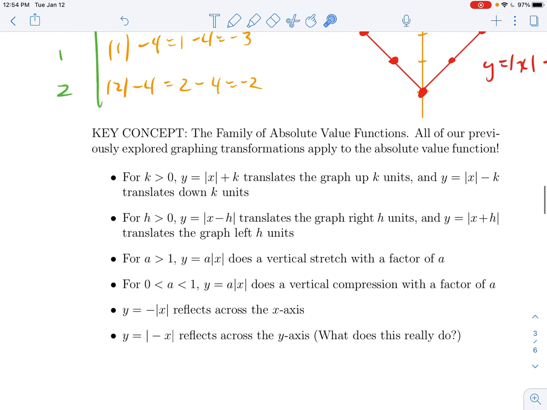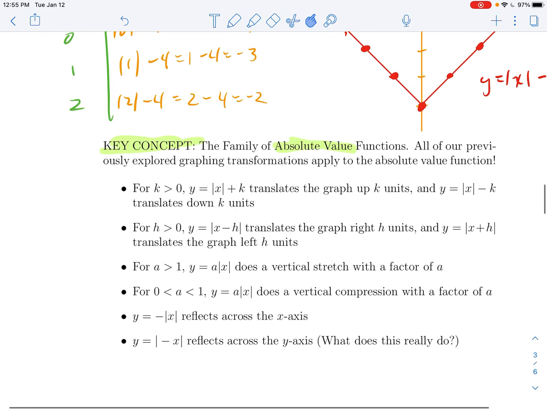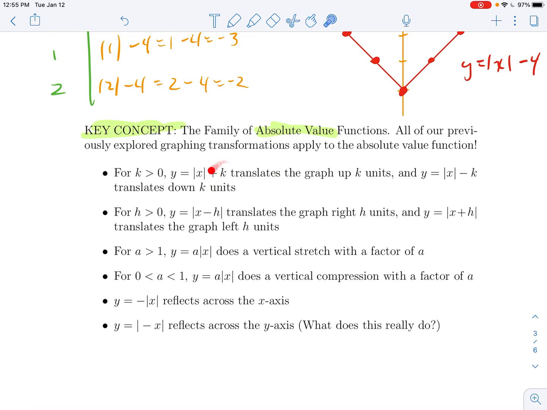So here I'm just summarizing the rules we already knew about transformations in the very specific context of the absolute value. So hey, if I add on the outside, that translates the graph up. If I subtract on the outside, it translates it down.